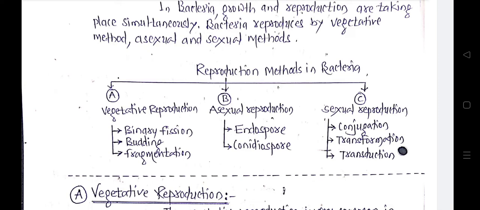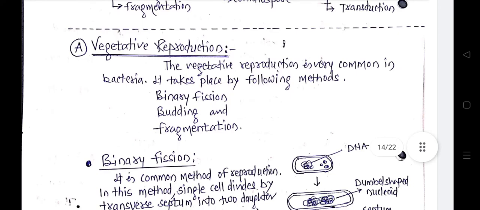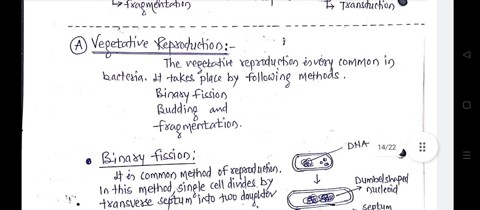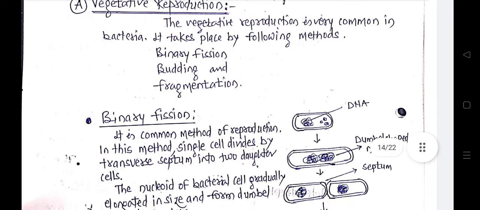So, first of all, we will learn vegetative reproduction. Vegetative reproduction is very common in bacteria and it takes place by binary fission, budding, and fragmentation. So first of all, binary fission.